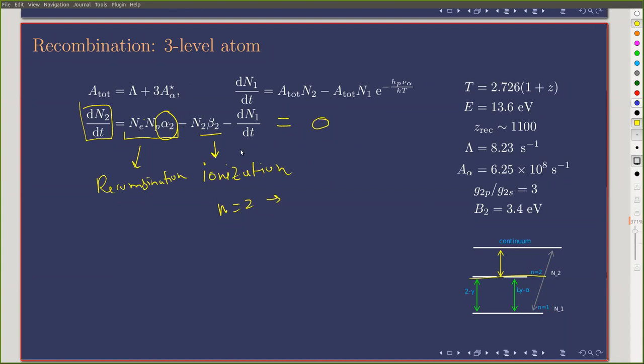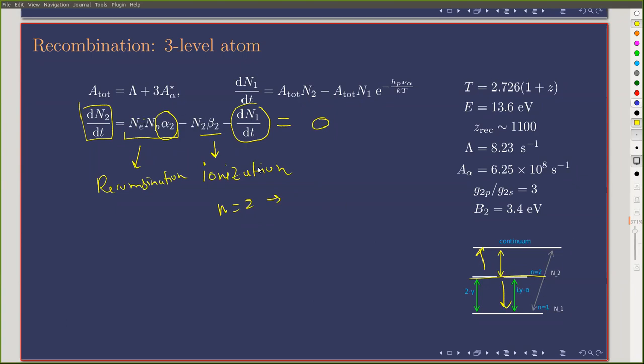And the particles leaving this state can leave in two ways. They can either get ionized, so this is the ionization rate from the n equals 2 state, or they can get de-excited. So this is the de-excitation factor here. These are the two ways in which it leaves the state, and this is the one way in which it enters the state.